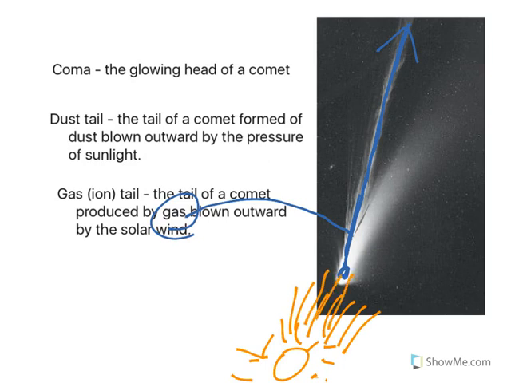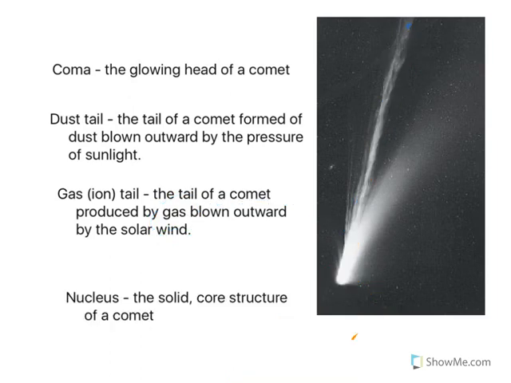And the solar wind has ions, and as soon as those ions hit the comet, it pushes the gas in the tail straight away from the sun. So you can draw a line from the sun through the comet and trace along that ion or gas tail.